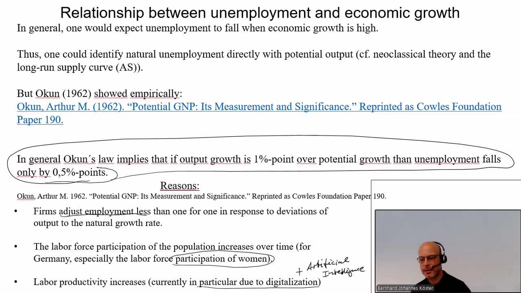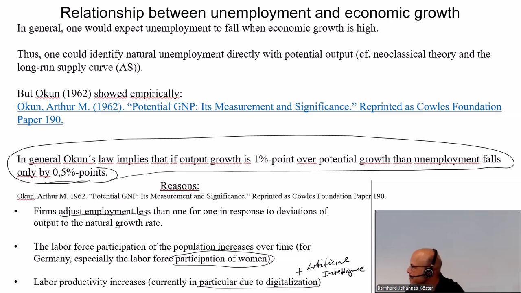But this dependence is not one-to-one: if we have a growth rate of 1%, then roughly for developed economies, especially the United States, unemployment is falling only by half of this amount, by 0.5%.